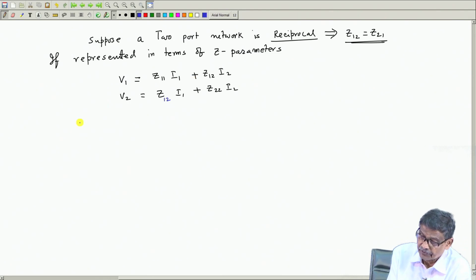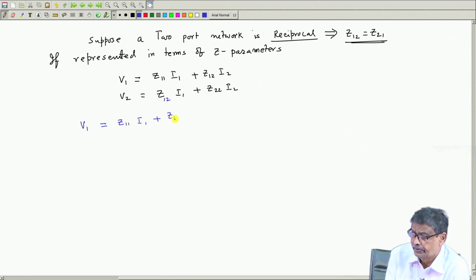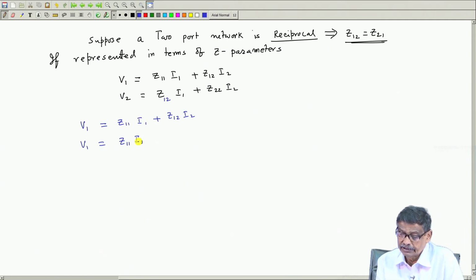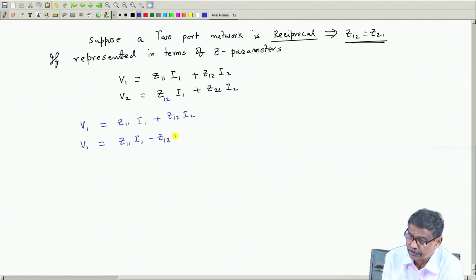Let us look at the first equation. V1 can be written as Z11 I1 plus Z12 I2, that is fine. Then I will just manipulate this equation a bit. I go step by step. I will write it is equal to Z11 I1 was there. Then I subtract this term Z12 I1 and add the same term.